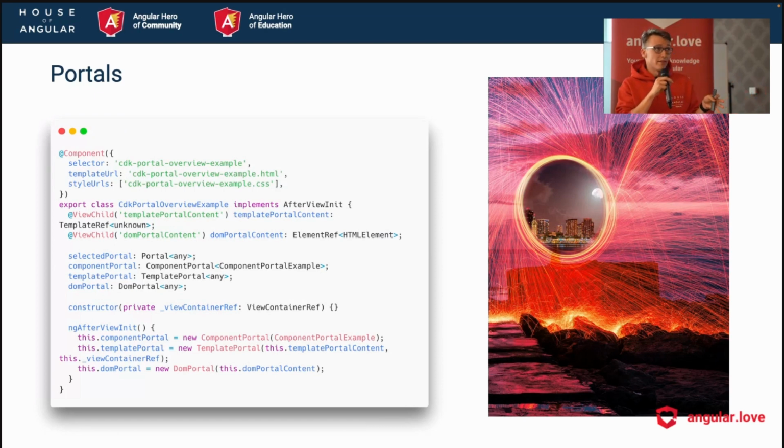For example, a simple use case: you have a top bar, and this top bar depends on the data that we currently have on the page, but it's not directly connected. So we can use a portal, and the data in this top bar can be changed based on the content, and we just change it somewhere else in our app.